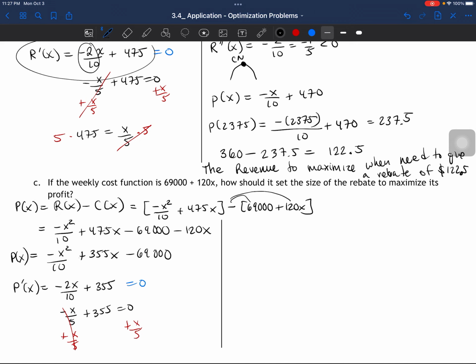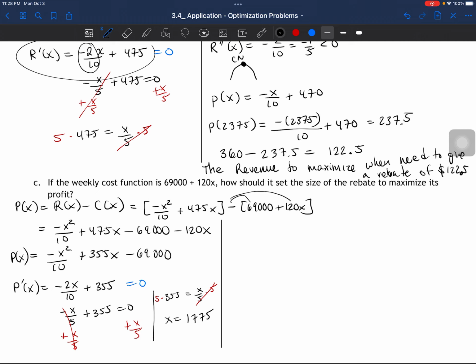So therefore, it'll be 355 equals x over 5. Multiply both sides by 5. And that gives us x should be 1,775. Okay, so that will be the number of items we need to sell and produce to maximize our profit.